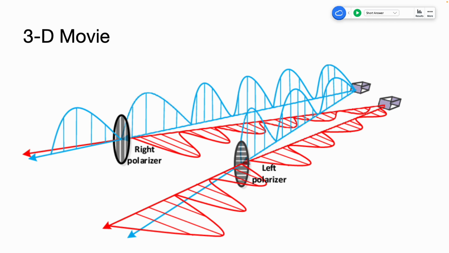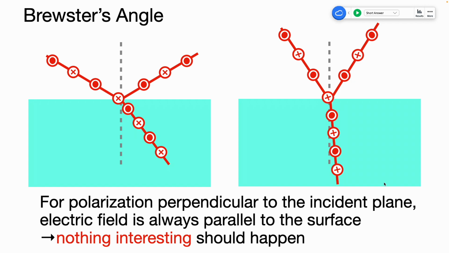So let's move on, okay? After polarization, there's something called the Brewster angle. This is the combination of polarization and refraction. Let's say this is the water surface, and I have my light polarized like this.